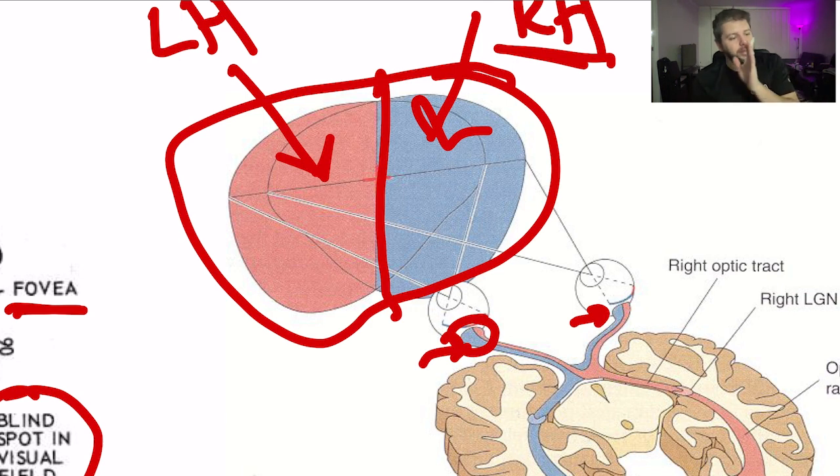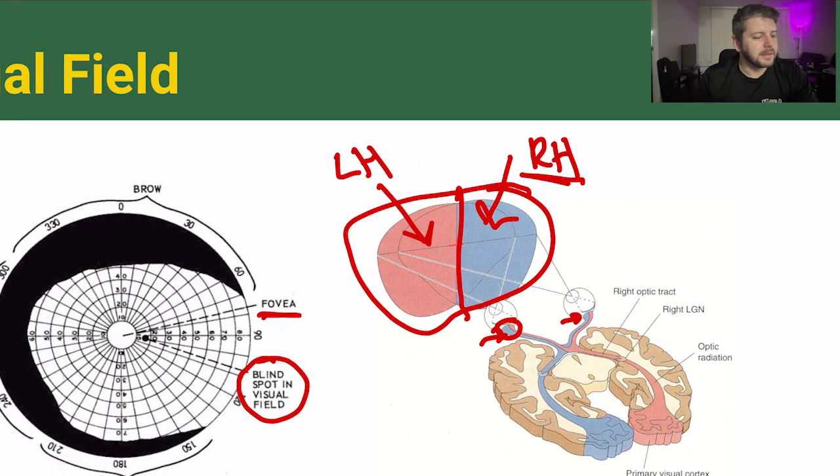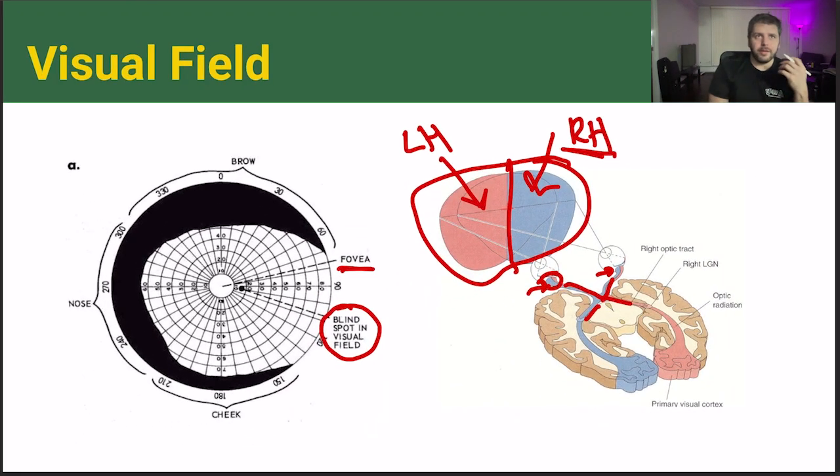This goes to the right section of the left eye and the right section of the right eye, and then these travel together before they hit the thalamus, which we'll talk about in a few slides. They then become segregated in terms of the hemifield. And so it's not the case that the left eye input solely goes to the right hemisphere, and vice versa.